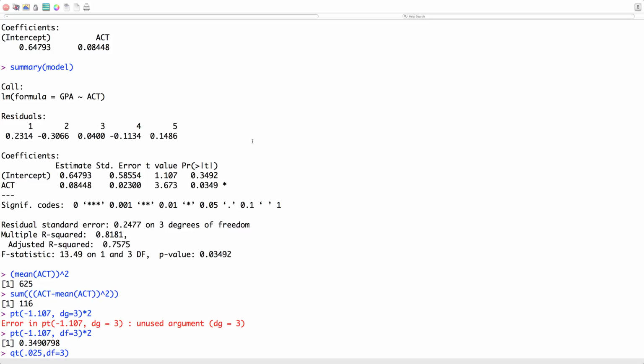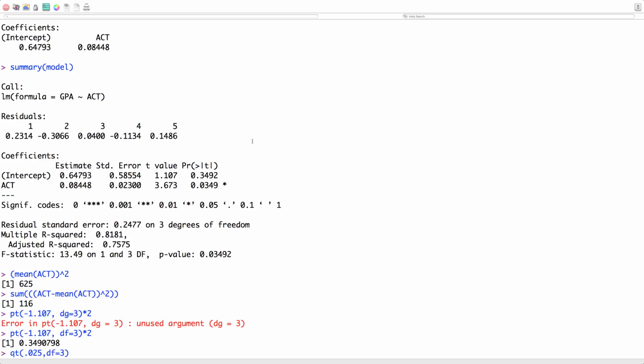So I'm doing some calculations in the background here. S squared is 0.0614. And let me just check to make sure that the mean is 25. So the mean is 25.